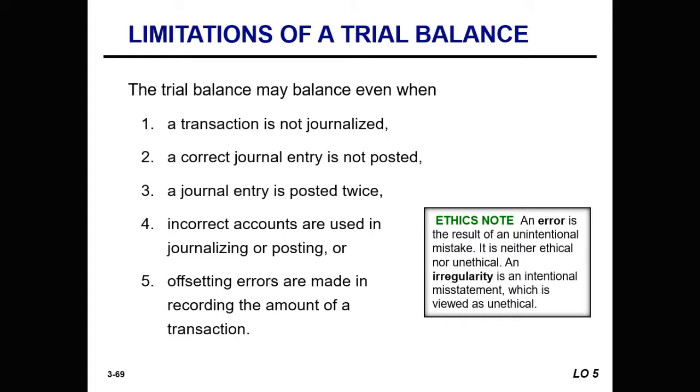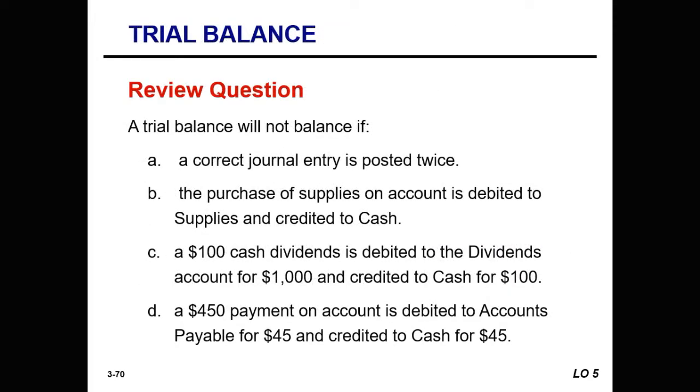So a real quick review question, just on the broad category of a trial balance. When will a trial balance not balance? Is it if a correct journal entry is posted twice? If the purchase of supplies on account is debited to supplies and credited to cash?